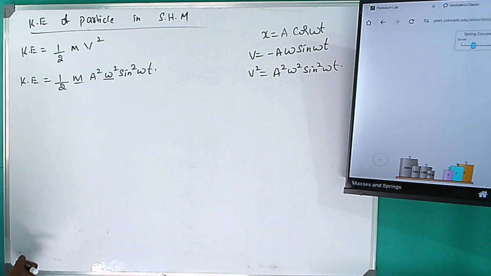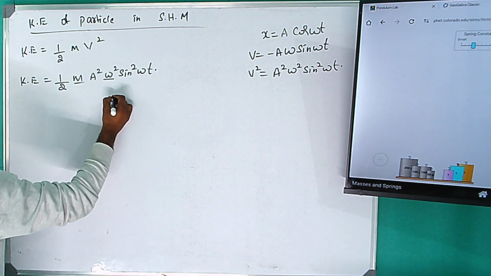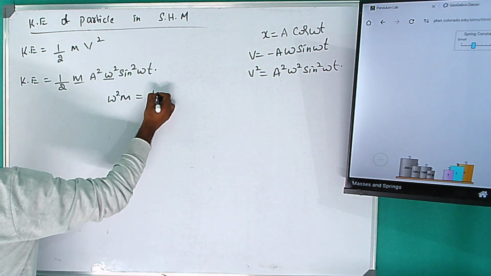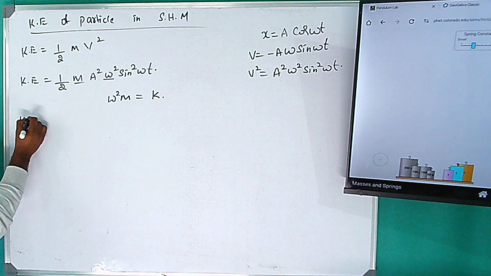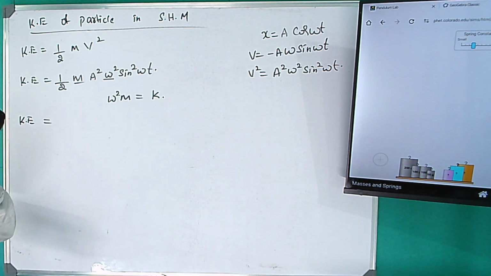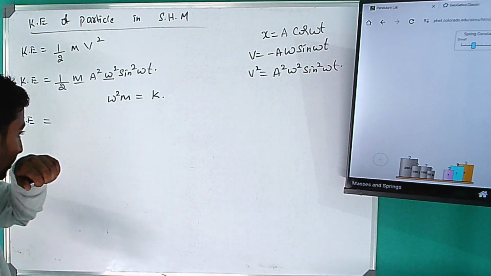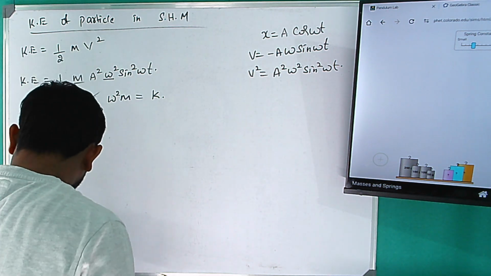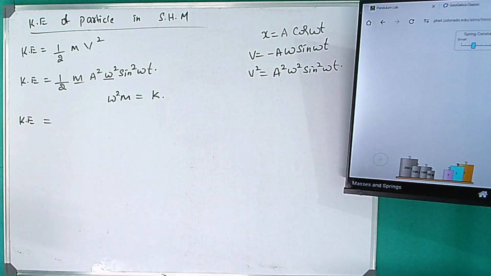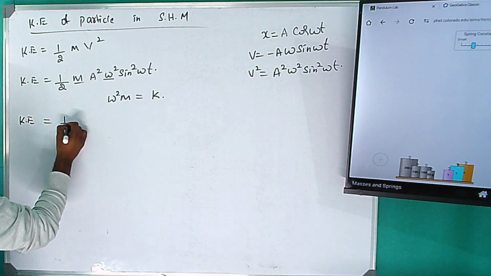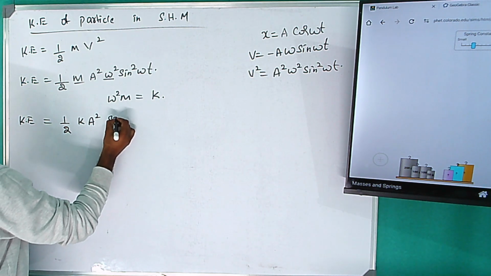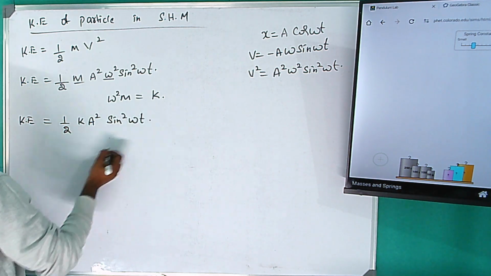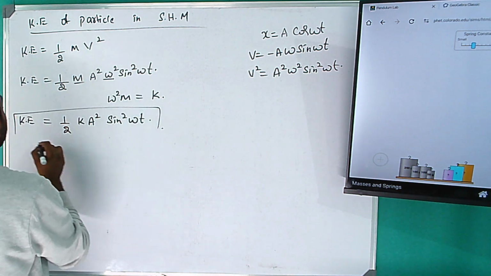This omega square into m is nothing but k. Kinetic energy is equal to half into k a square sine square of omega t. So this is the required equation.